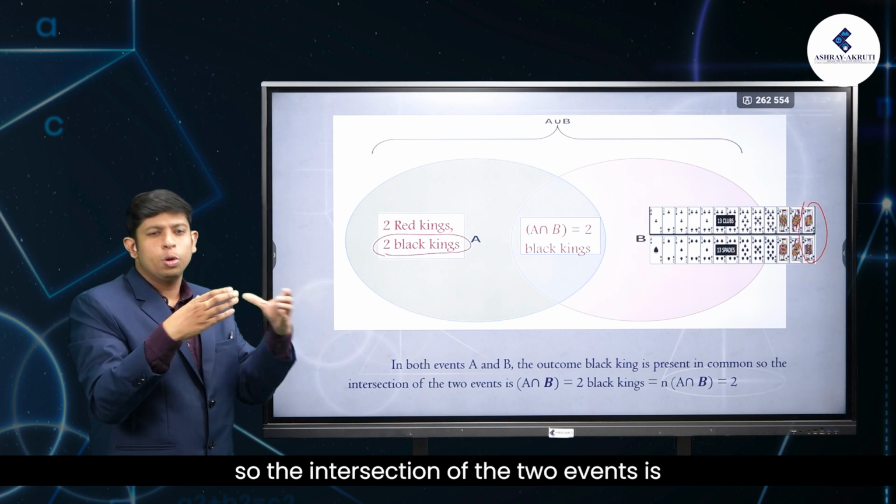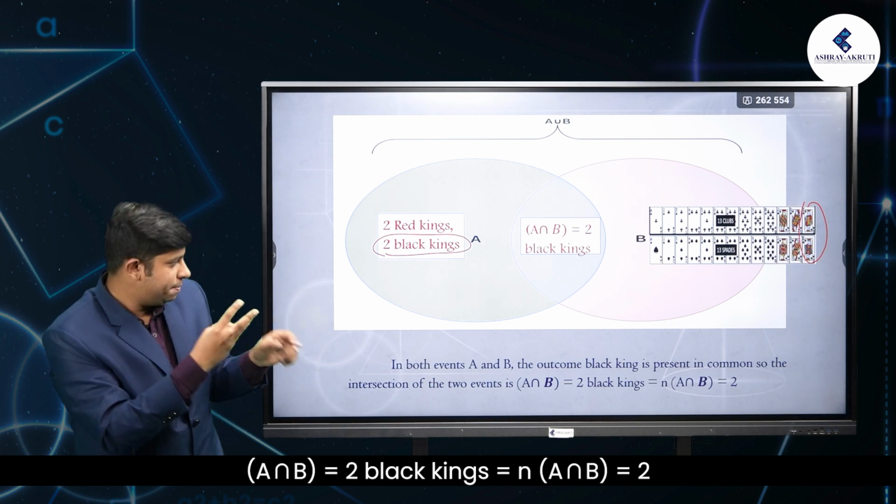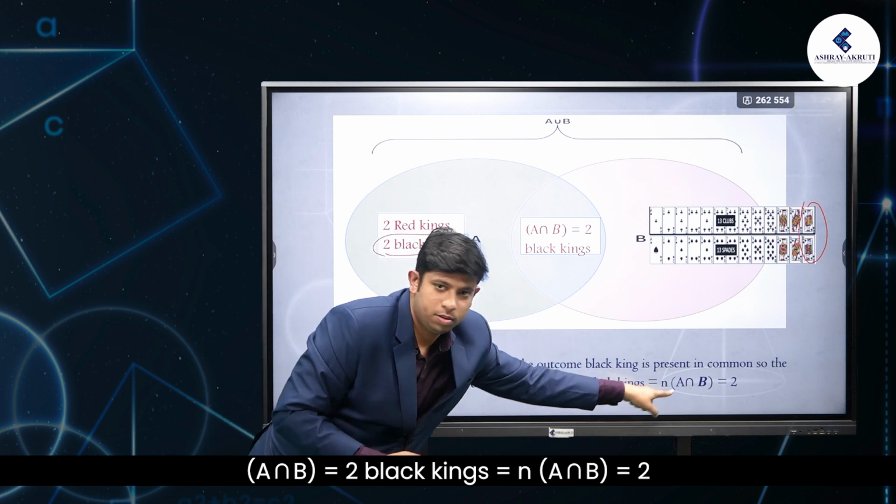So the intersection of two events, A intersection B, is 2 black kings. That is, n of A intersection B is equal to 2.